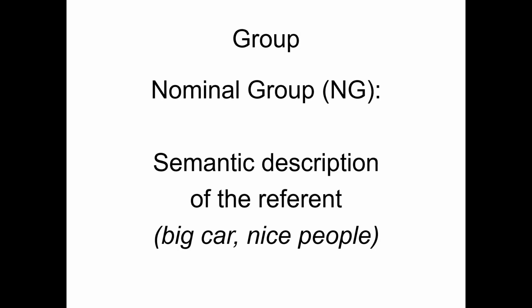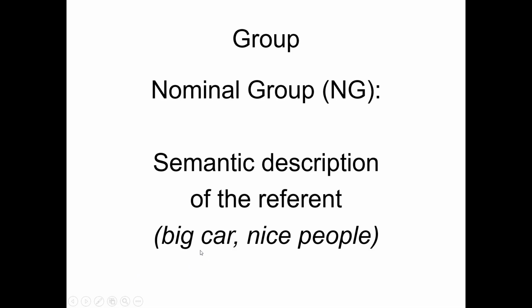And the next level is that of group. Nominal group always answers the question what or who. This is the semantic description of the referent. Referent is the thing you are referring to by using a particular group. So big car, it's a nominal group.